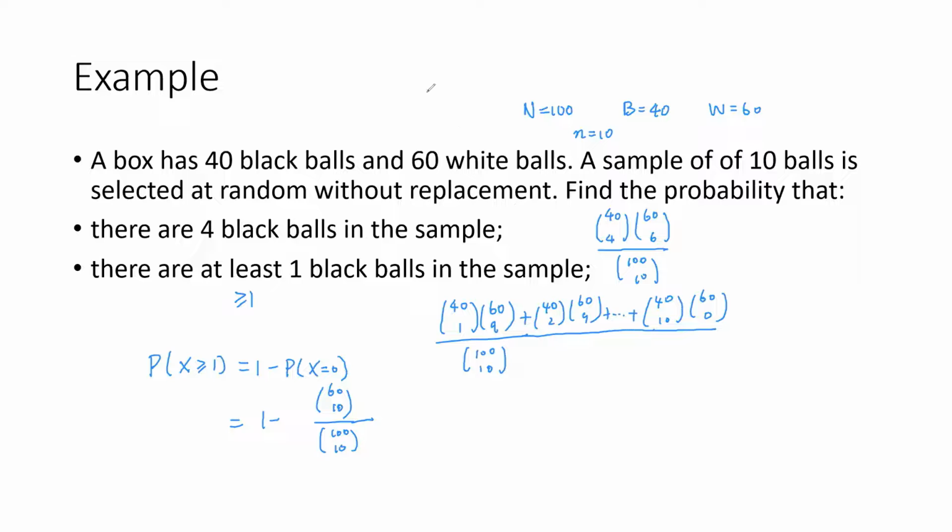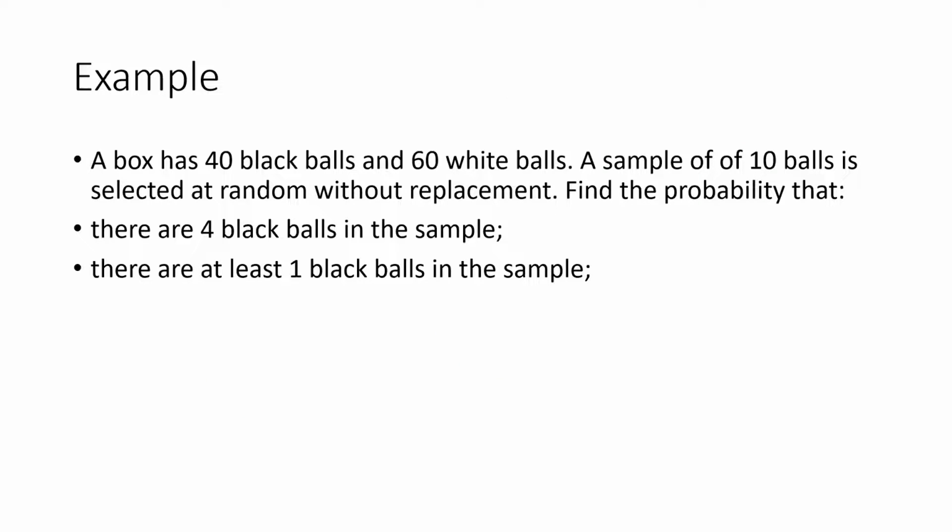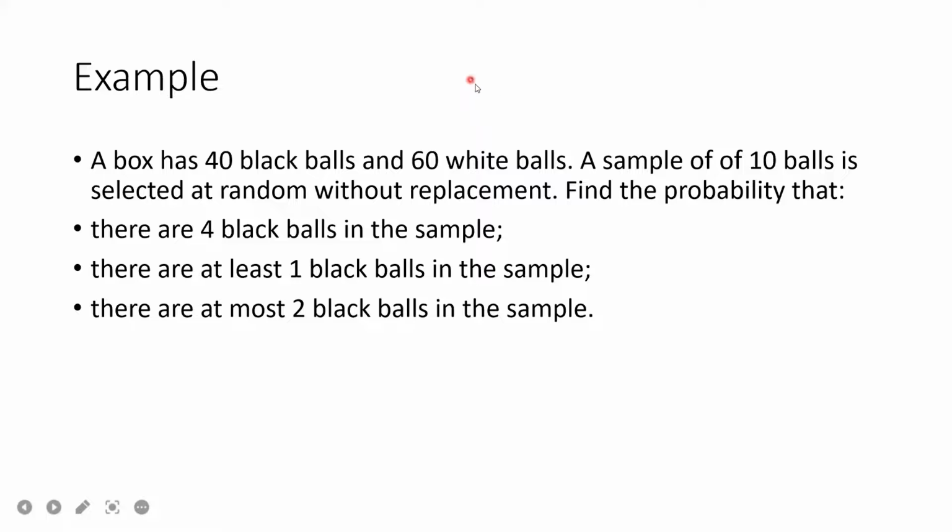The next one, there are at most 2 black balls in the sample. At most 2 is less than or equal to 2. I always tell my students that whenever you see at least, at most, you should think about the complement rule, but it's not guaranteed to use.